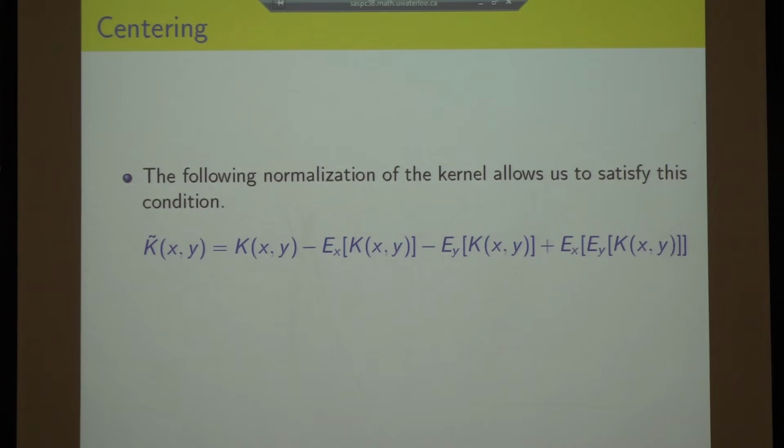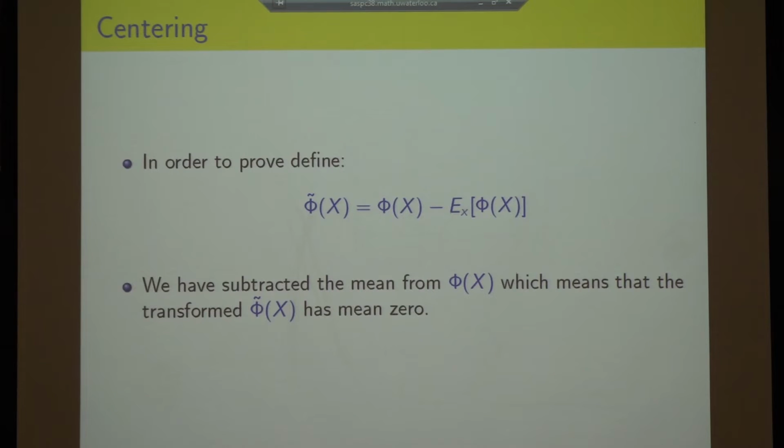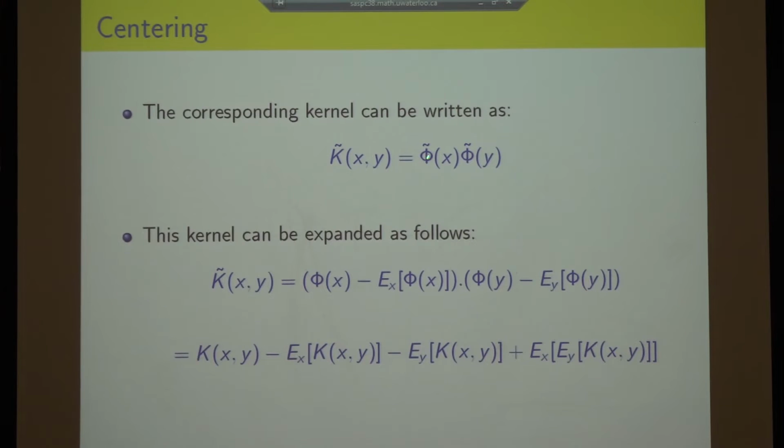You can prove that this corresponds to assuming there is a phi tilde x that's phi x minus the mean of phi x. What you need is phi tilde x transpose times phi tilde y, for two different x and y. It's going to give you phi x transpose phi y, which is just a kernel.